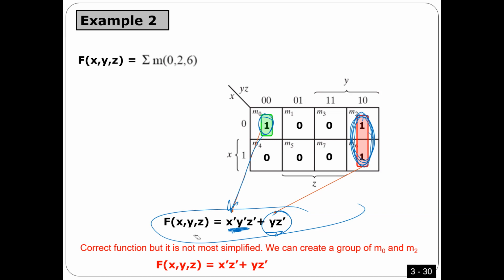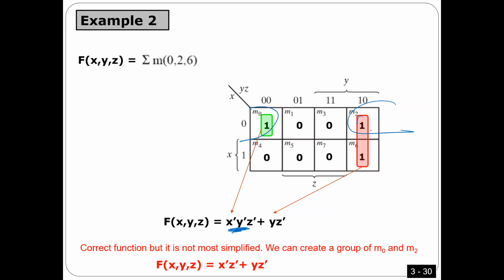Why? Because this one is a neighbor to this one. So I made it one group out of only one. And it is possible to actually make a group of 2, because this one is a neighbor to this one.